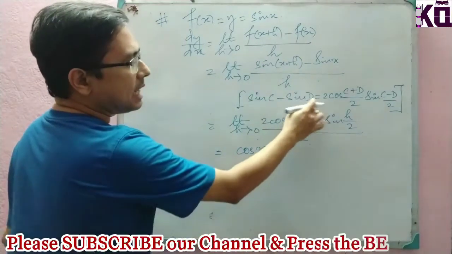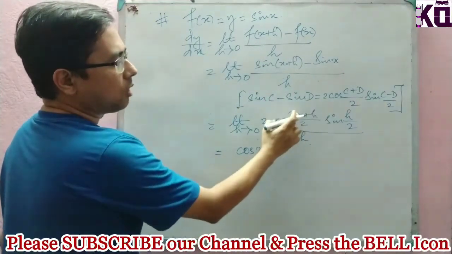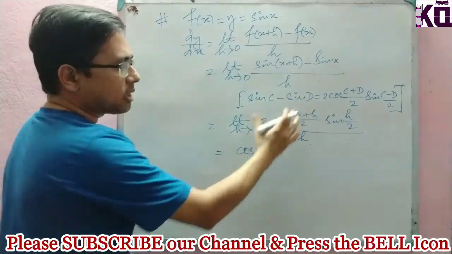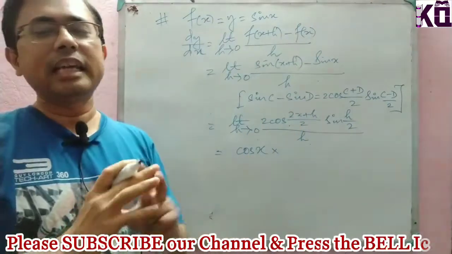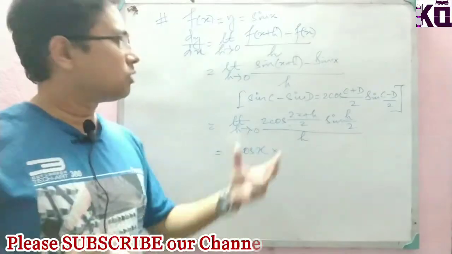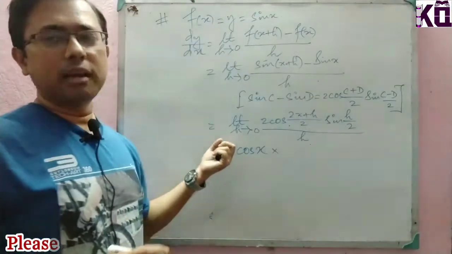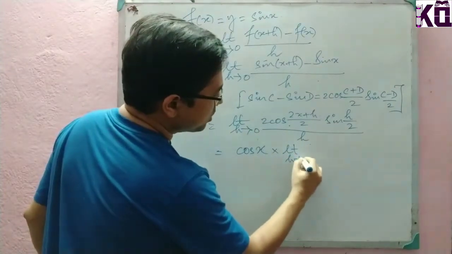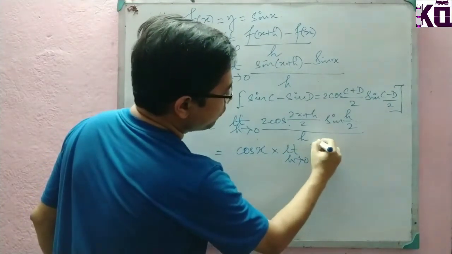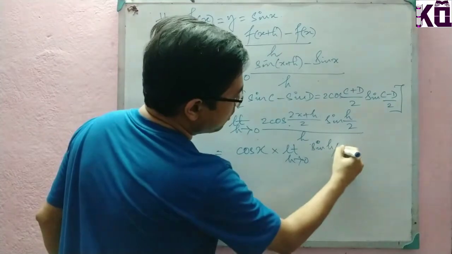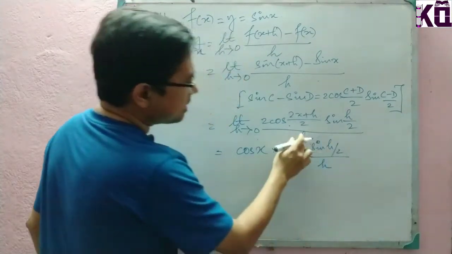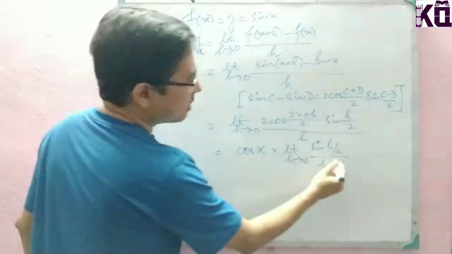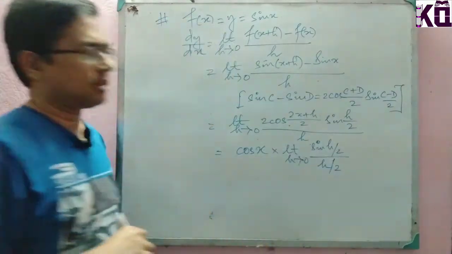When we put h equal to 0, that gives cos x. Cos x is not related to h, so we can take it out of the limit. The remaining part is the limit h tends to 0 of sin(h/2) divided by h, and there is 2, so we can take it in the denominator like this.